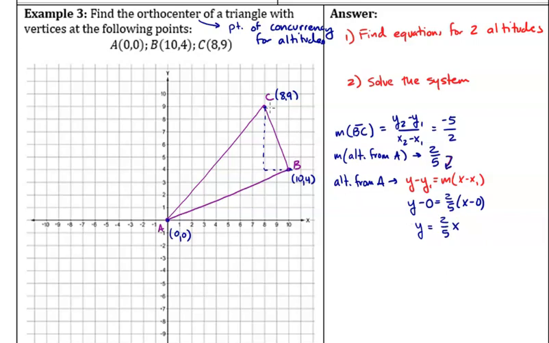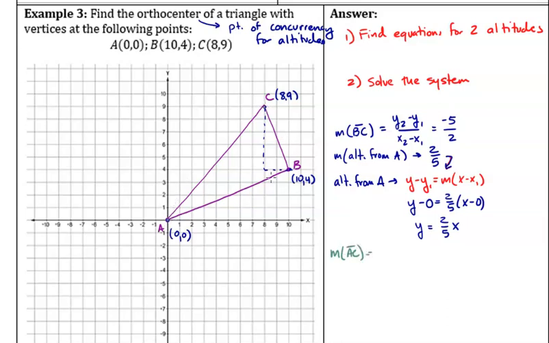Now let's find the altitude from B. We'll do the altitude from B that's going to go across and be perpendicular to segment AC. So first I need to find the slope of segment AC, and I'll do rise over run again.